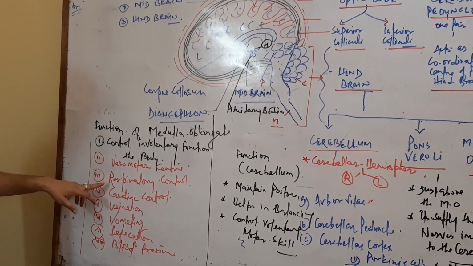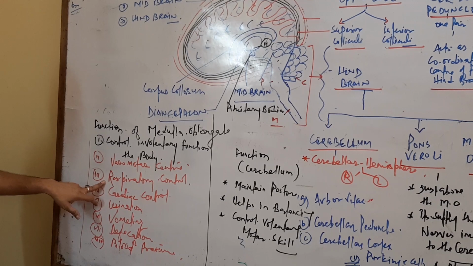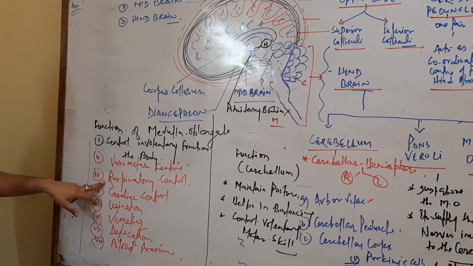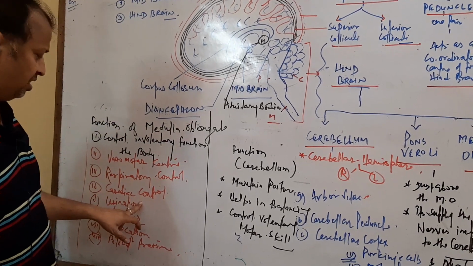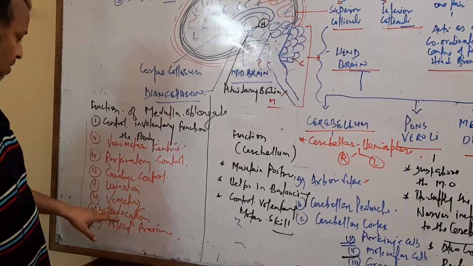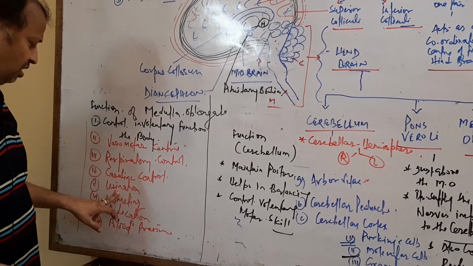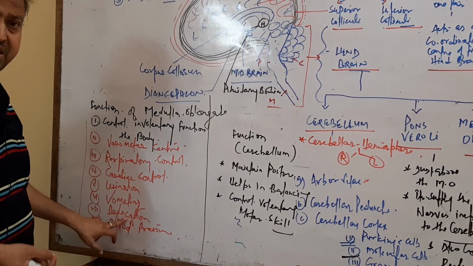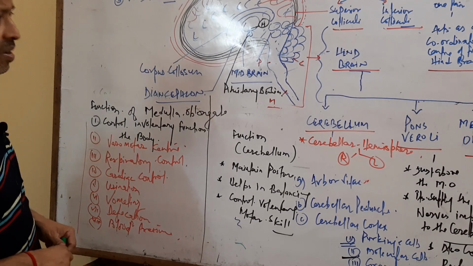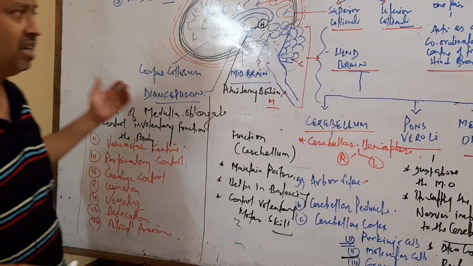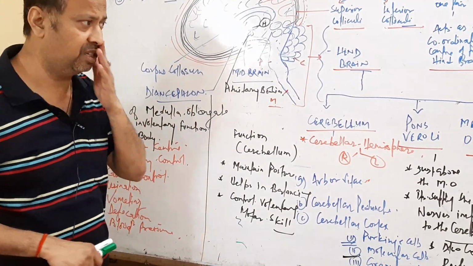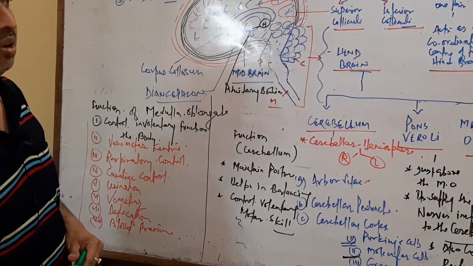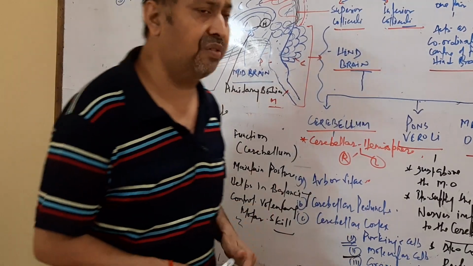It is also the respiratory control center; the breathing and ventilation process is controlled by the medulla. It also controls the cardiac center, urinary discharge, vomiting center, defecation center, ejection, and blood pressure. So these are the various functions of the medulla oblongata. The medulla oblongata plays a major role in controlling various activities.